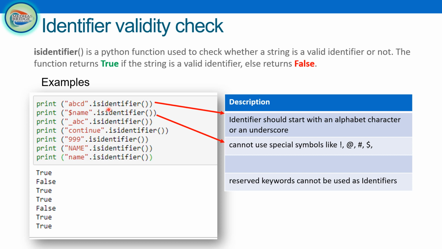Checking it with isidentifier gives true, because an identifier should start with an alphabet character or underscore. Next, $name gives false because special symbols like ampersand and dollar cannot be used. Similarly, we have a few more.